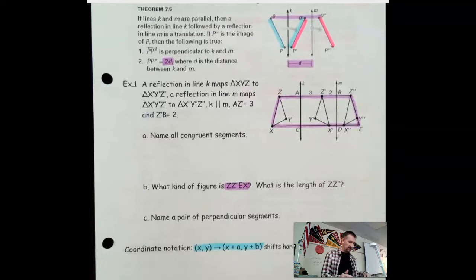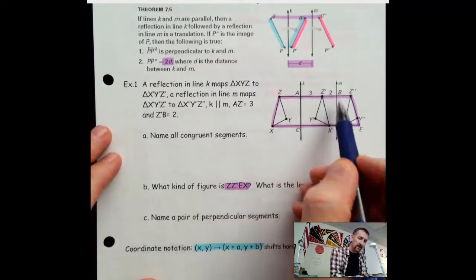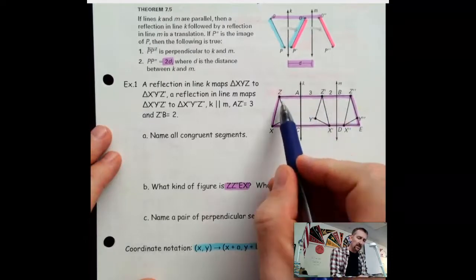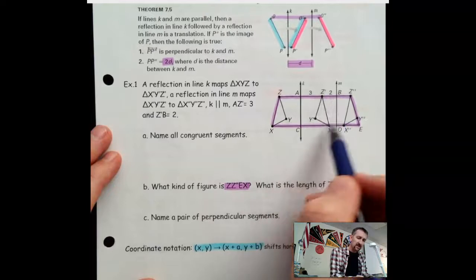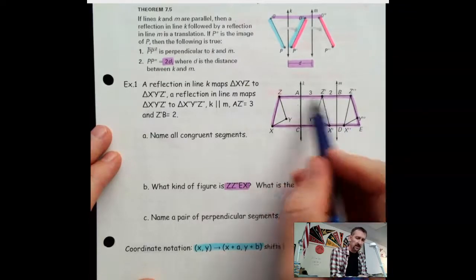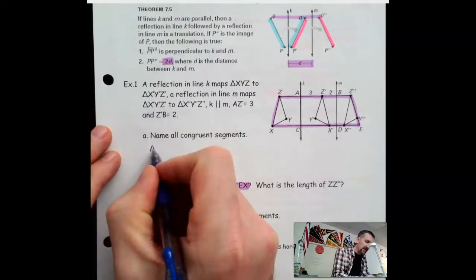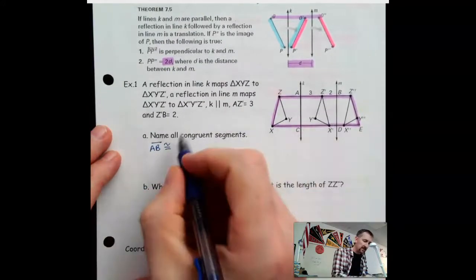Now, alphabetically, if you think about it, if these are being reflected across here as perpendiculars, then this shape inside here is going to be a rectangle. So that means that segment AB is going to be congruent to segment CD.